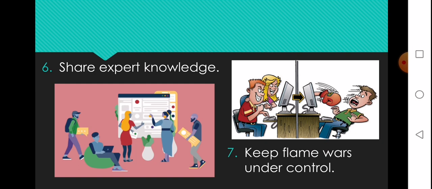Seven, keep flame wars under control. What is meant by flaming and flame wars? Flaming is what people do when they express a strongly held opinion without holding back any emotion. As an example, think of the kinds of passionate comments you might read on a sports blog.